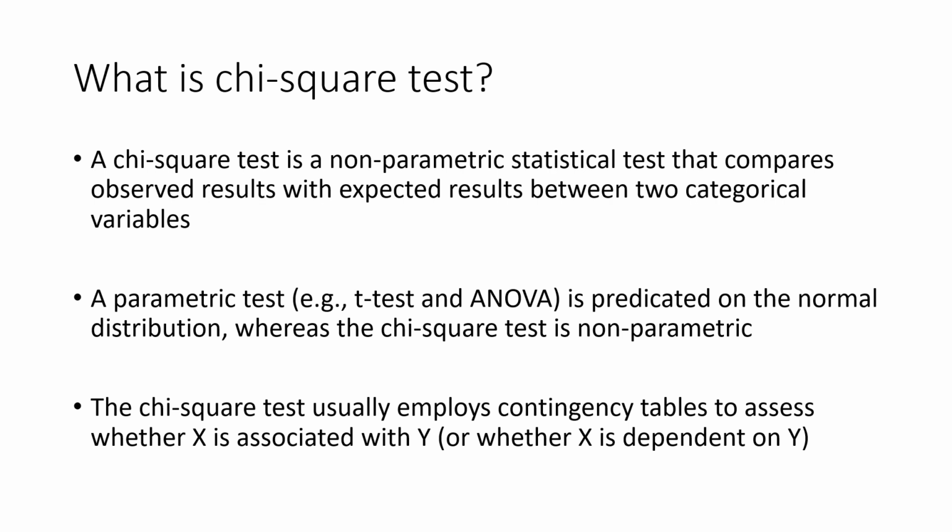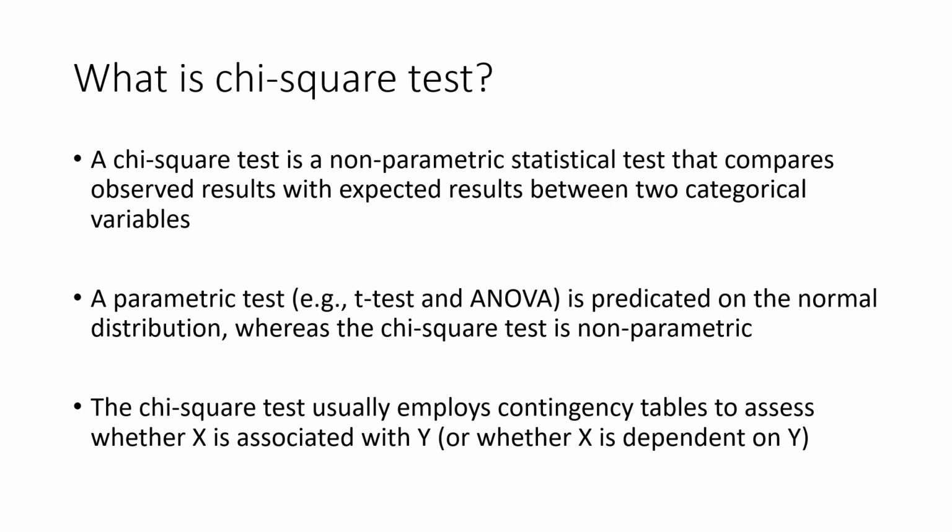So what we do when we calculate a chi-square test is we usually employ what we refer to as a contingency table. So a contingency table is a table that consists of rows and columns. These are our independent and dependent variables respectively.